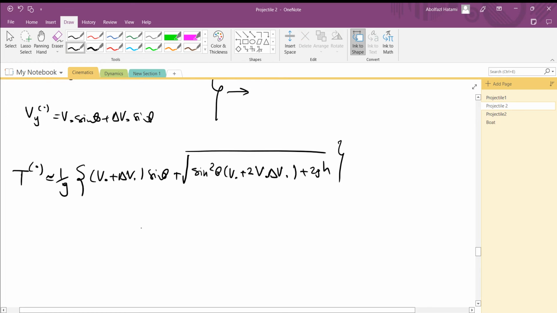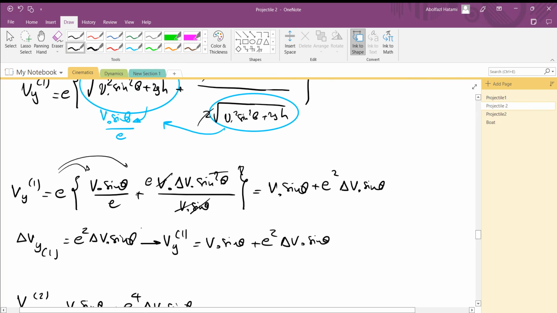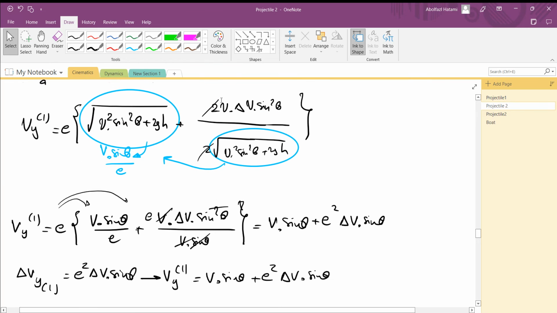It's going to be 1 over g times V0 plus delta V0 sine of theta plus radical V0 square sine square of theta plus 2gh plus, what was the expression? It was something like this.